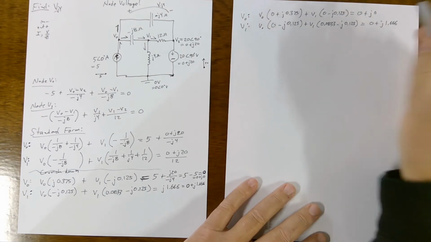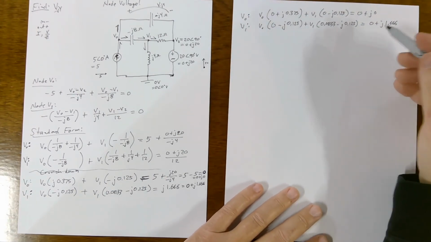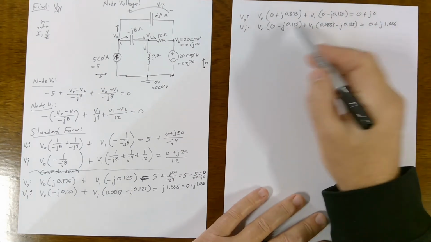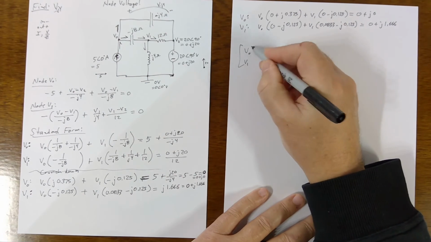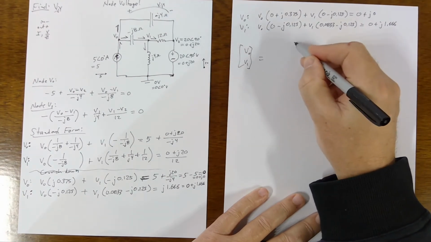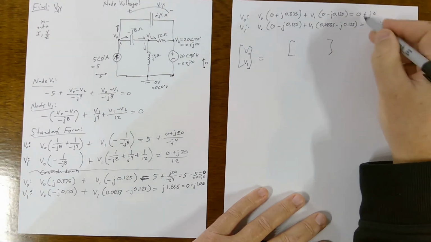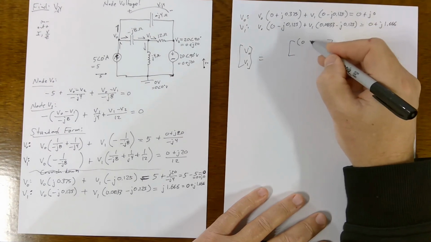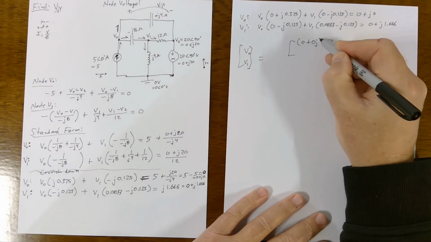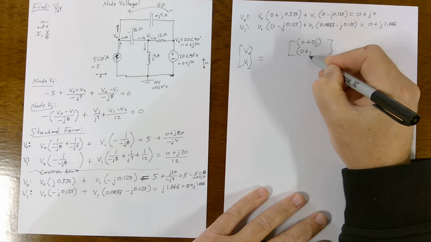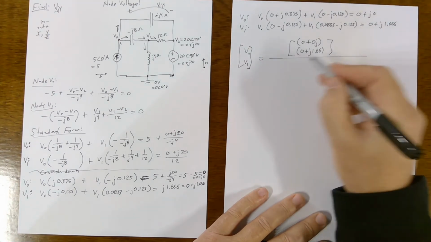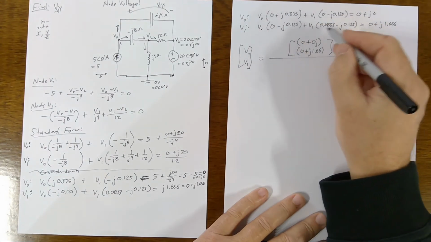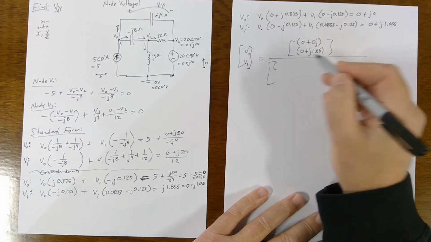Okay, now if you have an HP28S like I do, I can put this into a matrix. So the matrix V0 over V1 will be given by these coefficients over here in a matrix: 0 plus 0J over 0 plus J 1.66. That's these guys over here in a matrix divided by these 4 complex number coefficients in a 2x2 matrix.